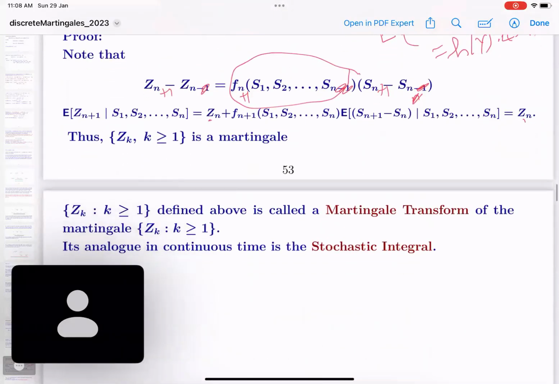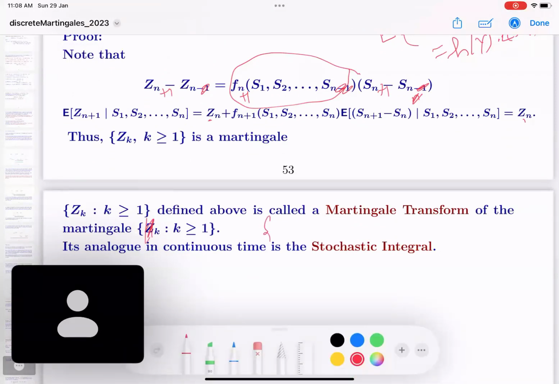This is called a martingale transform of the martingale Sk. Sk is our original martingale, and we have multiplied the increments by strategies and taken the sum. Now, if you go to continuous time, this is like Riemann sums, and in the limit it will be like an integral. So the analog of this object in continuous time is what is called the stochastic integral, and again a major part of applying probability to markets or to various other things.